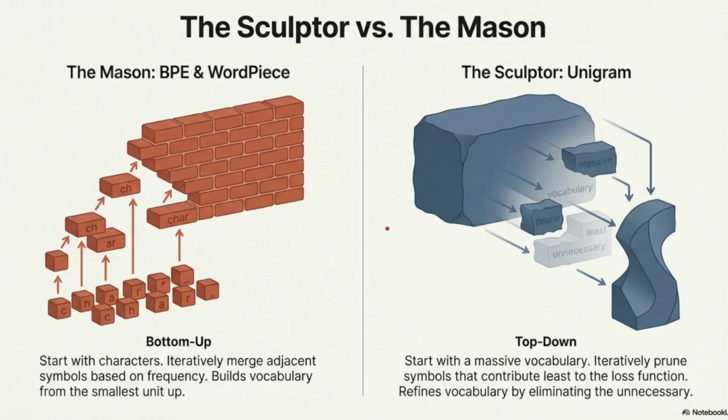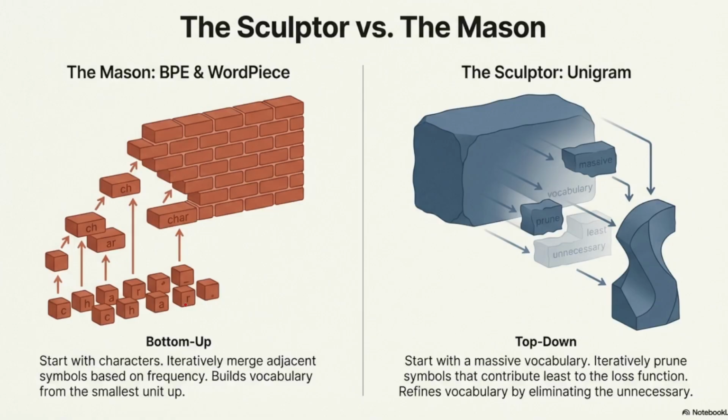To understand Unigram, it helps to contrast it with algorithms like BPE or WordPiece. Those algorithms are bottom up. They start with the individual characters and merge them together based on frequency to create the vocabulary. But Unigram works in the exact opposite way.